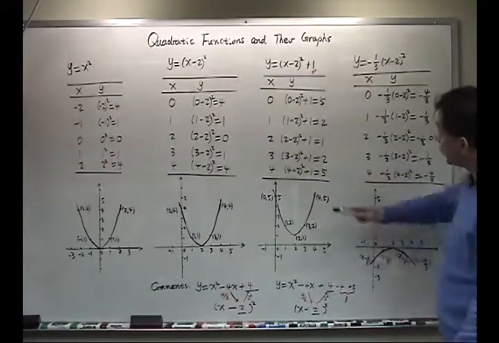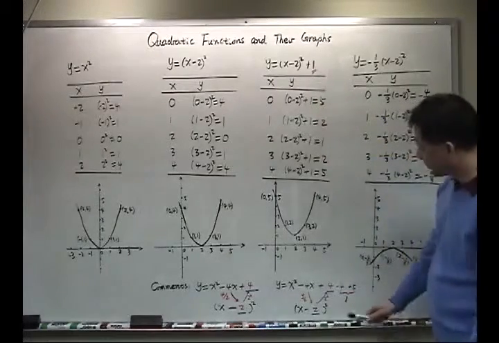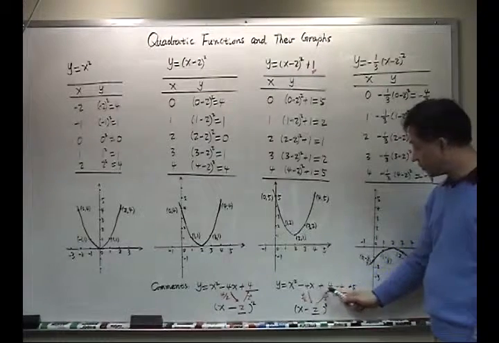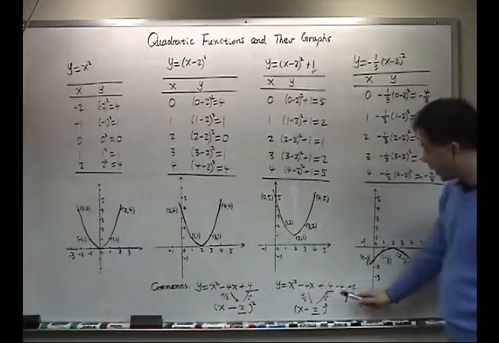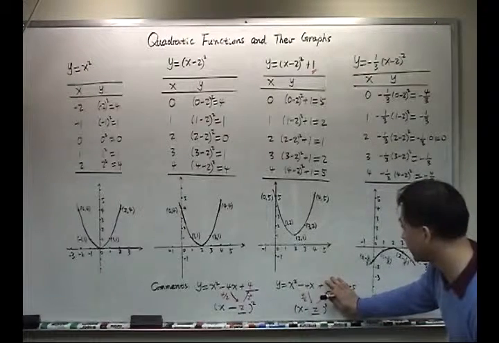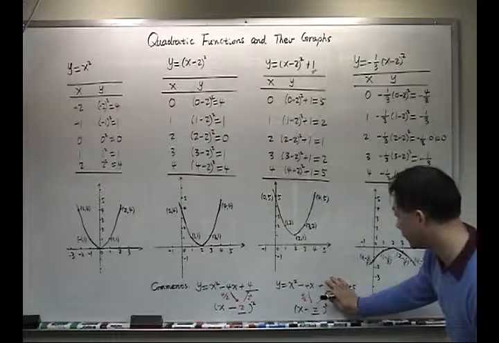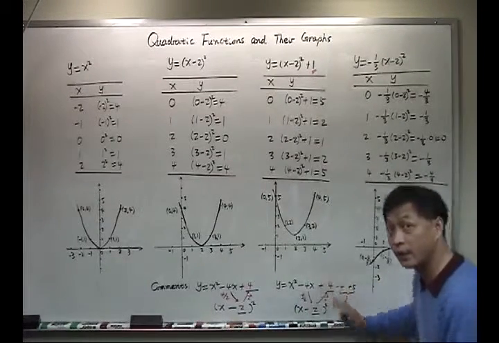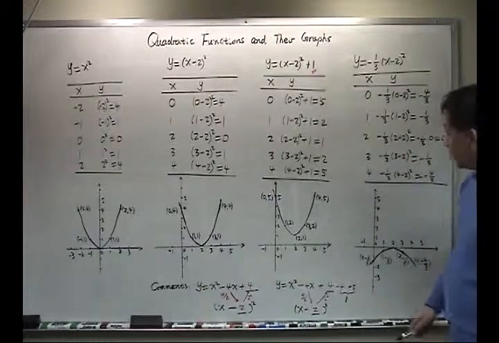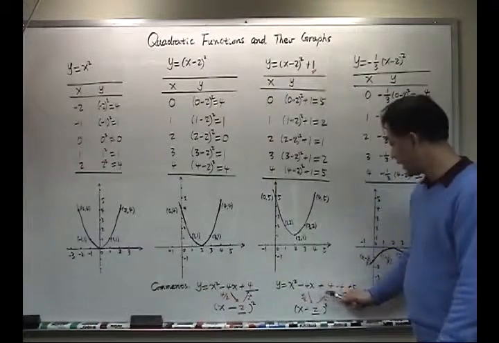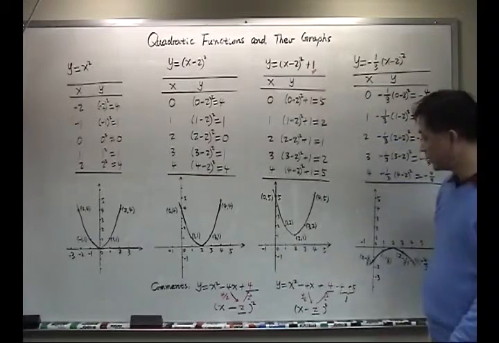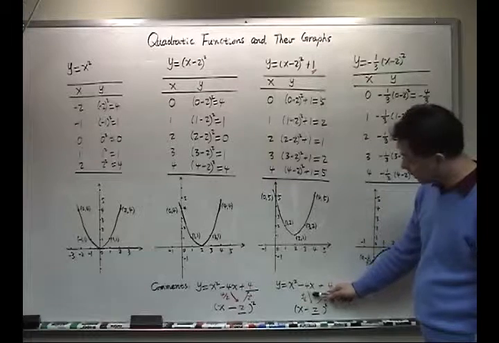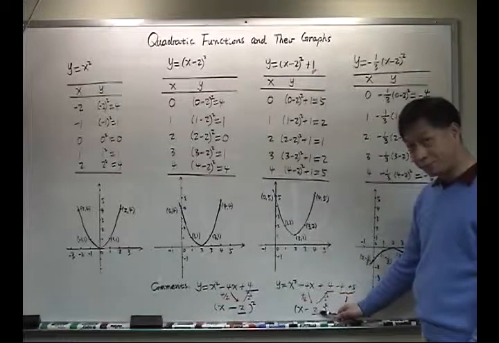Sometimes your function is not given in this way. Your function is given like x squared minus 4x plus 5. Okay, without these red numbers here. Just x squared minus 4x plus 5. Okay, how to change x squared minus 4x plus 5 to that thing? You know, again, here should be 4 divided by 2, you get complete square.